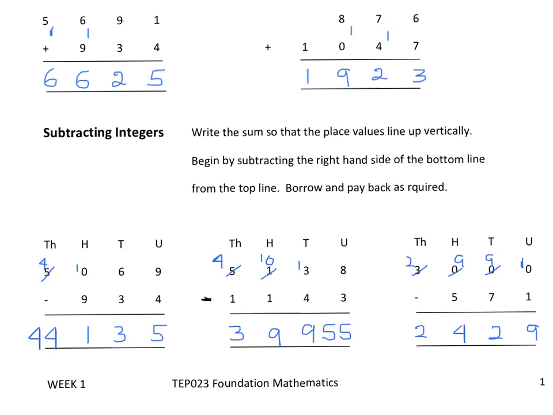And of course, remembering that addition and subtraction are inverse operations, if we add our answer and the number we subtracted, we will get back to the original number of 3,000.